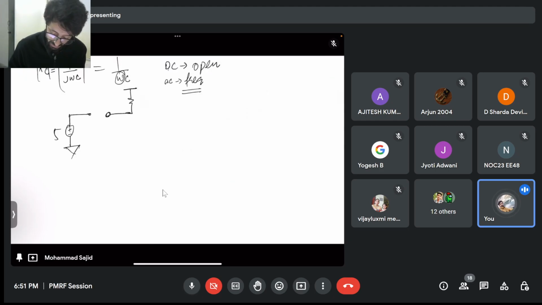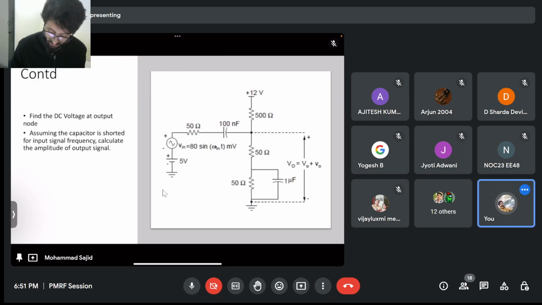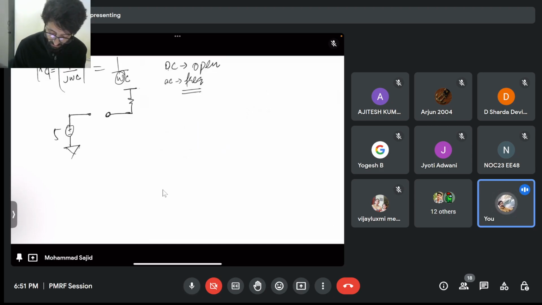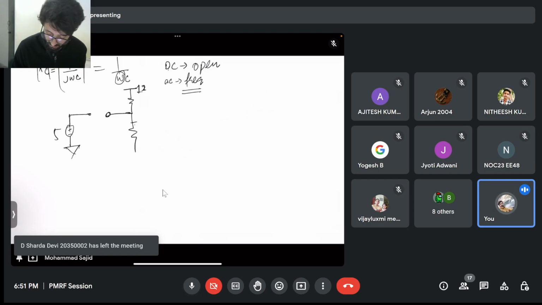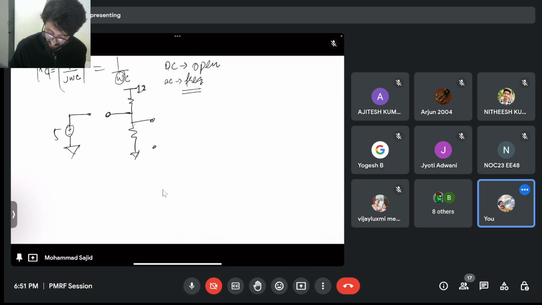I will not find the solution now as it was already shown yesterday. I will just make the equivalent circuit to let people know how the DC and AC equivalent circuits will look. This will also act as an open, right? Let me know if I did something wrong here. This is the output.